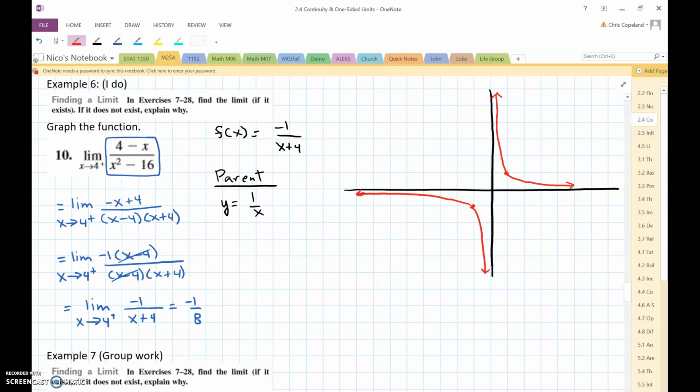Okay, then let's do transformations. The next step in this function, y sub 2, would be negative 1 over x. So that would make it look like this.